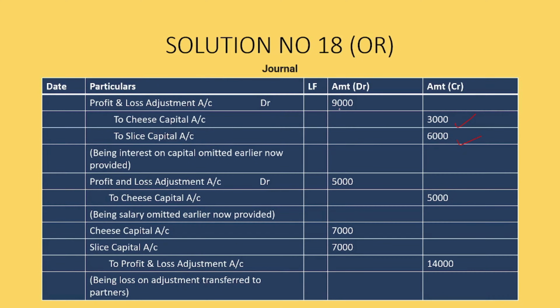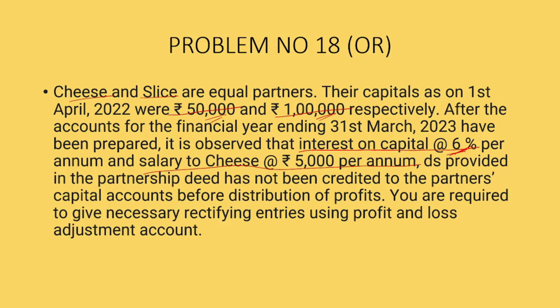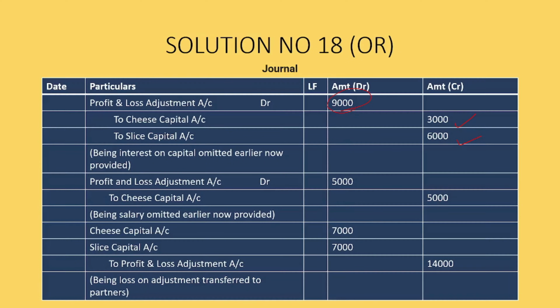The entire thing goes to the profit and loss adjustment account, because it has been said in the question that you need to provide rectifying entries using profit and loss adjustment account only. Now next is salary, which was omitted earlier but is now provided.